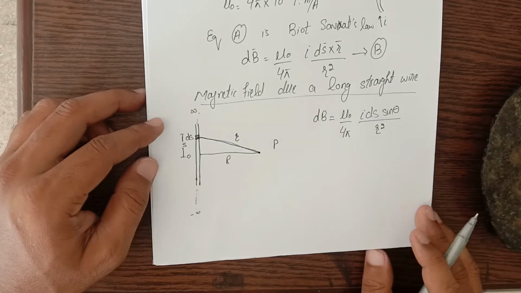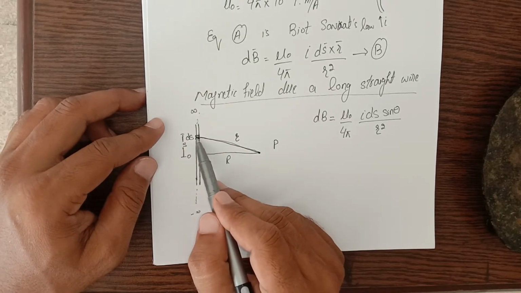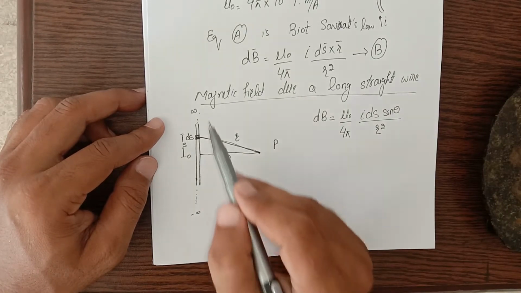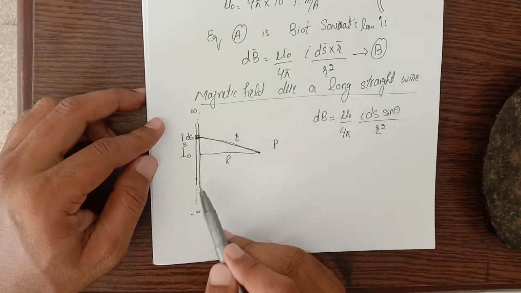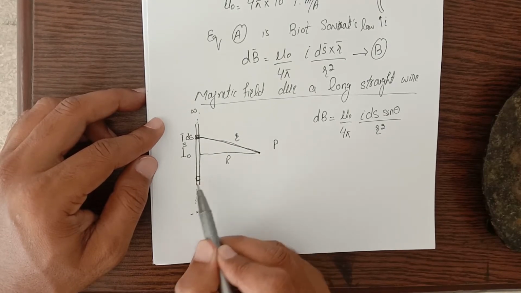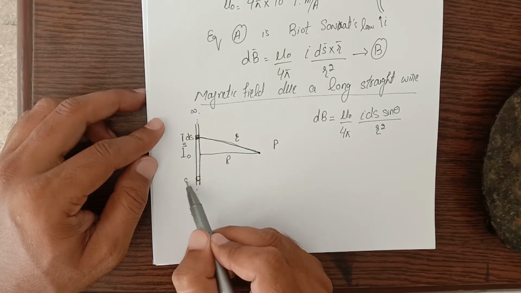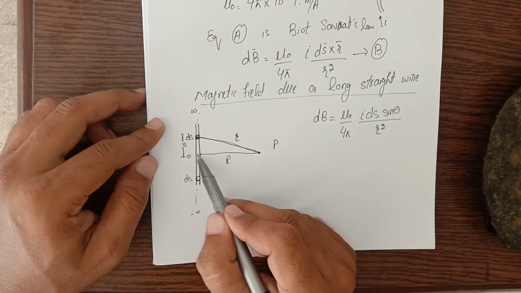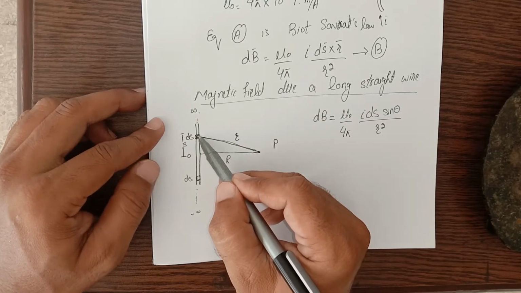Now one thing should be kept in mind: this is my differential element, and since the wire extends from minus infinity to plus infinity, if this is, let's say, at plus 3, there would be exactly the same length at minus 3 as well. This would be another differential element, below the 0 axis line, with a corresponding point above it.